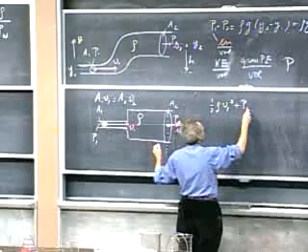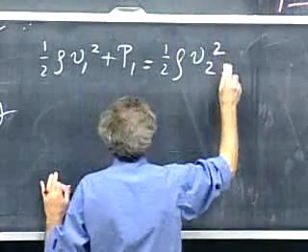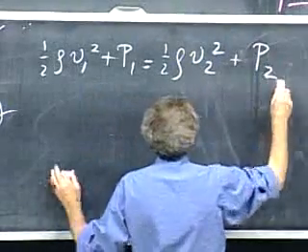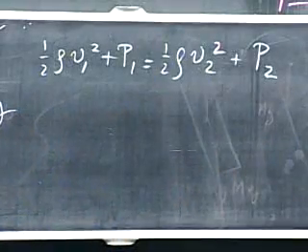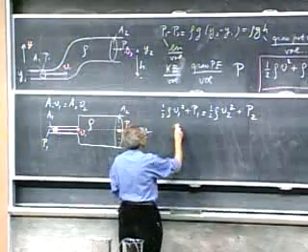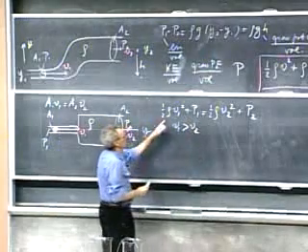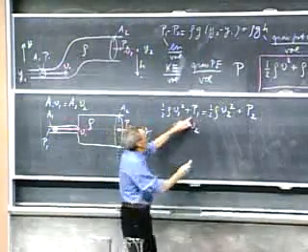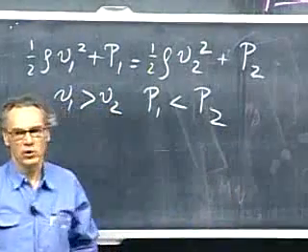Plus P1 must be 1/2 rho V2 squared plus P2. That's what Bernoulli's equation tells me. Now V1 is larger than V2. The only way that this can be correct is that P1 must be less than P2. So you will say, big deal.